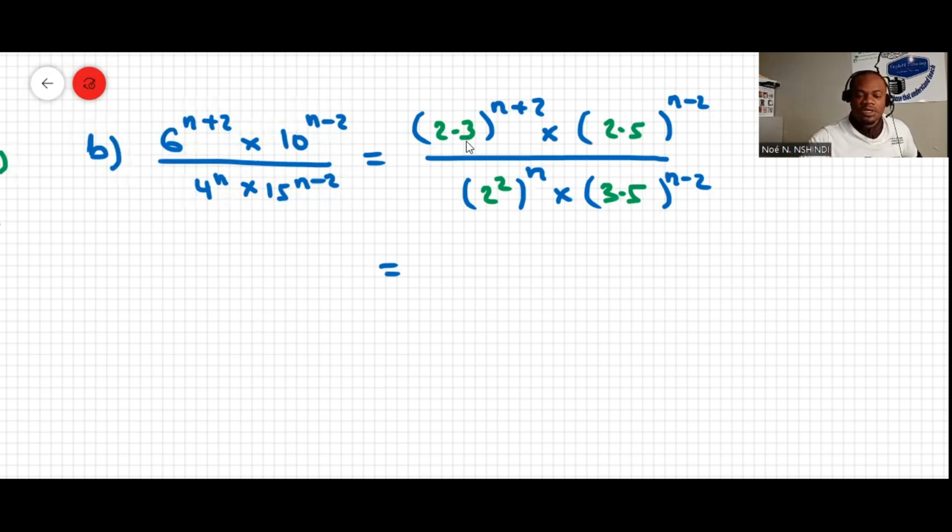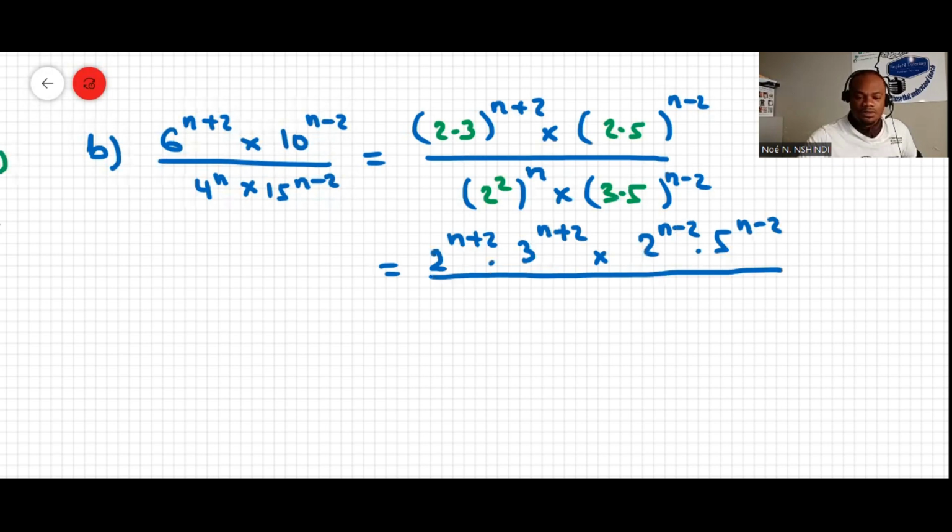So this will be 2 to the n plus 2, multiplied by 3 to the n plus 2, multiplied by 2 again to the n minus 2, multiplied by 5 to the n minus 2, all over that makes 2 to the 2n, multiplied by 3 to the n minus 2, multiplied by 5 to the n minus 2.